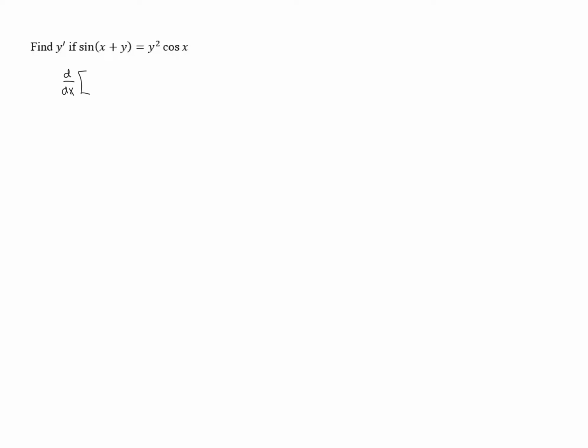x. So we have d over dx of sine of x plus y equals d over dx of y squared cosine of x. And let's just go through from left to right. On the left-hand side, we have sine of x plus y. We need to use the chain rule here because this is a composition.